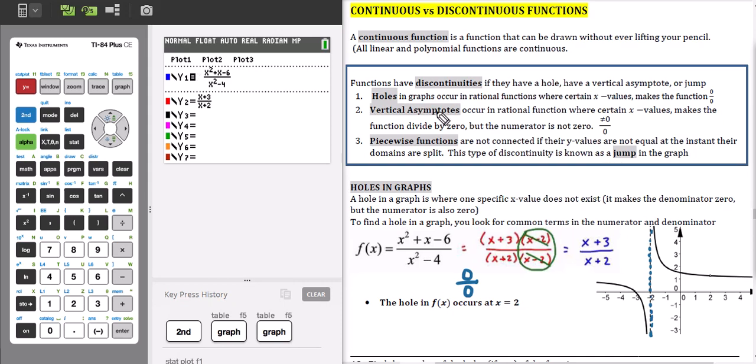A vertical asymptote is also a discontinuity. And if you look, this graph also has a vertical asymptote discontinuity at -2. So it has two problems. It's got a hole at 2, and it's got a vertical asymptote at -2. Piecewise functions can have a jump in them.